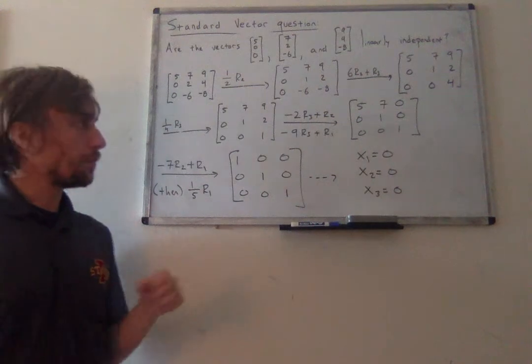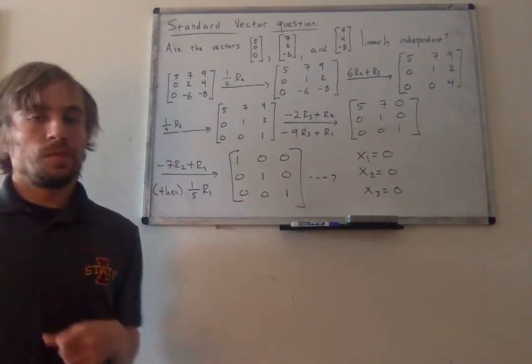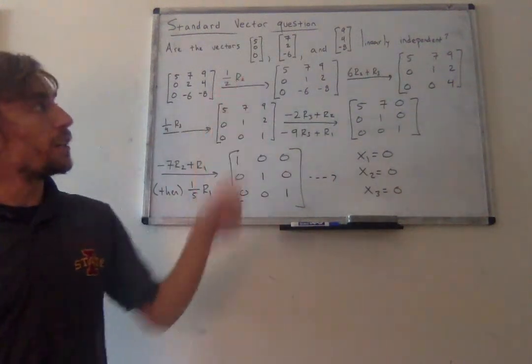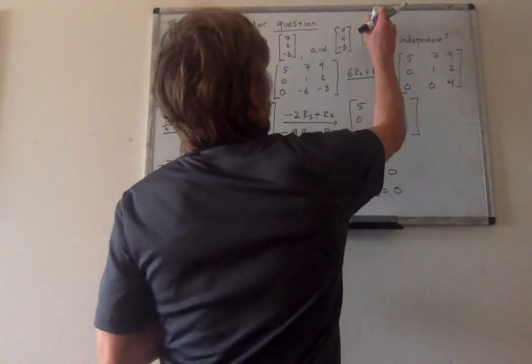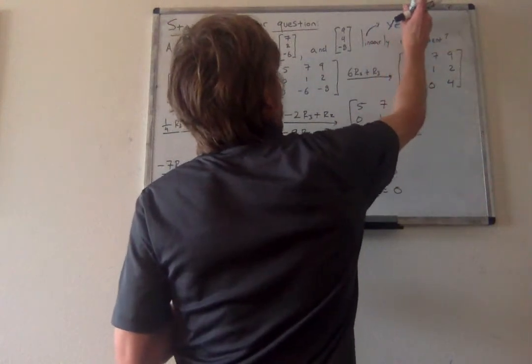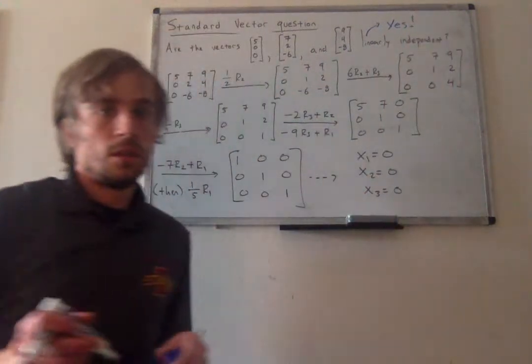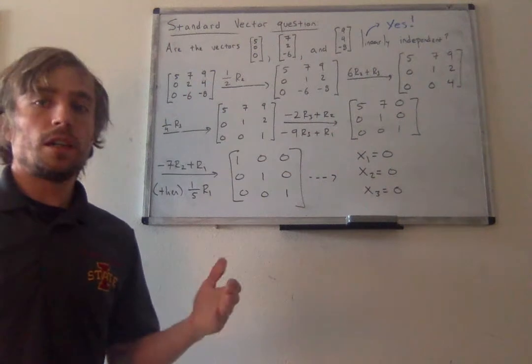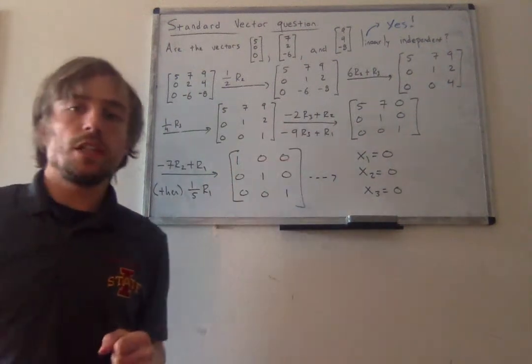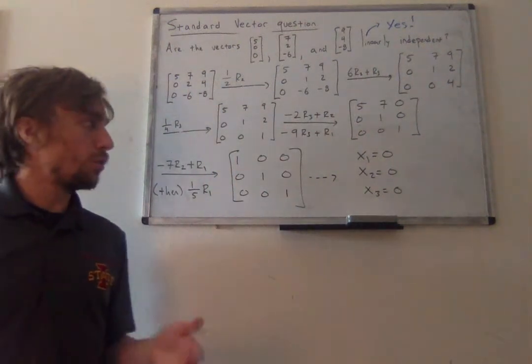And so this set of vectors is linearly independent. To answer this question, yes, this set of vectors is linearly independent because the homogeneous equation only has the trivial solution.